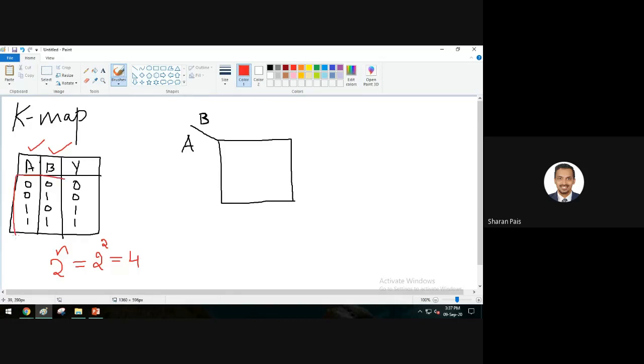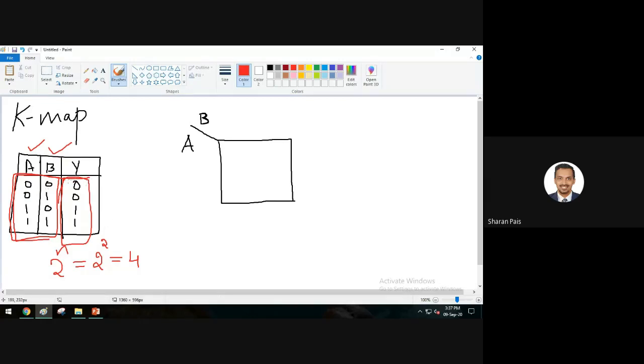These four possible values give me four possible outputs: 0, 0, 1 and 1. This is the output whatever I got by using these inputs.